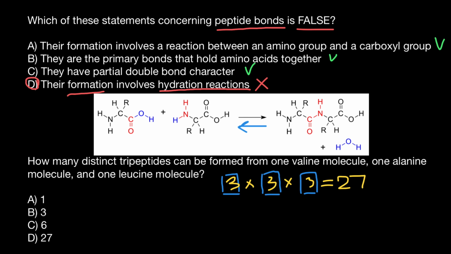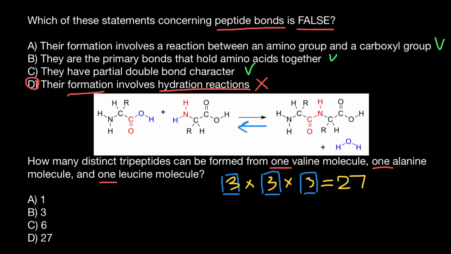But we are told that we only have one valine molecule, one alanine molecule and one leucine molecule. That means that we cannot have such a variant, for example leucine, leucine and leucine, which would be one of the 27 variants.